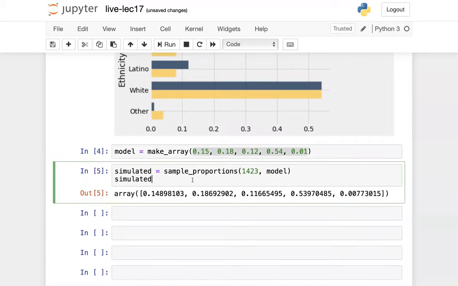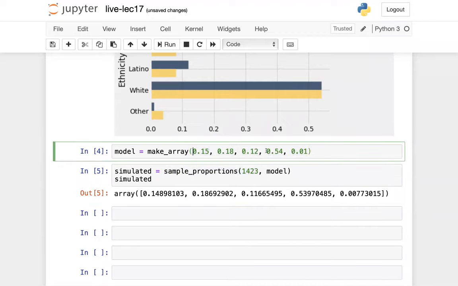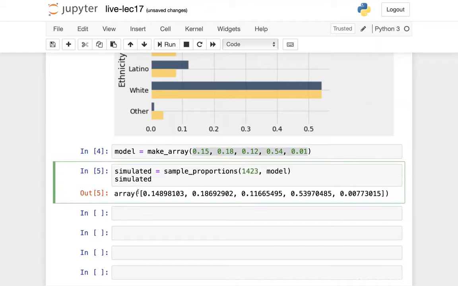Here we've simulated one time. What sample_proportions is going to do is sample 1,423 people, assuming that this is the breakdown of ethnicity of each individual person that can be chosen randomly. Then it's going to automatically calculate what percentage of the sampled people are in each of those categories.